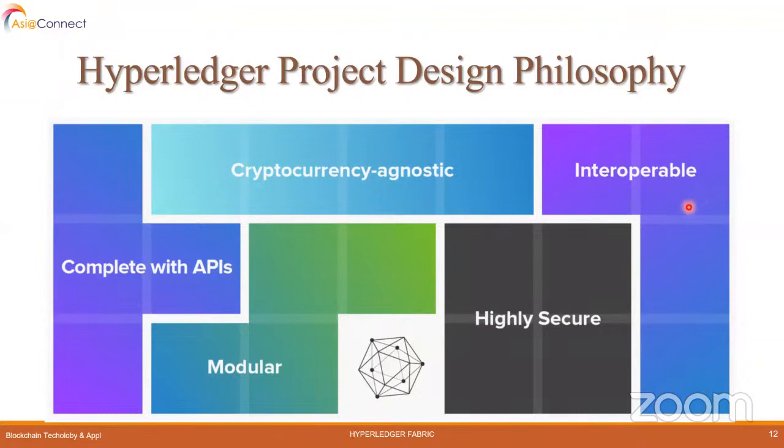Well, in Hyperledger Fabric network, we will be able to have interoperation, not necessarily of currency, but of various different transactions that are possible, right? So it is interoperable, highly secure. Without that, nothing is possible in a decentralized environment.